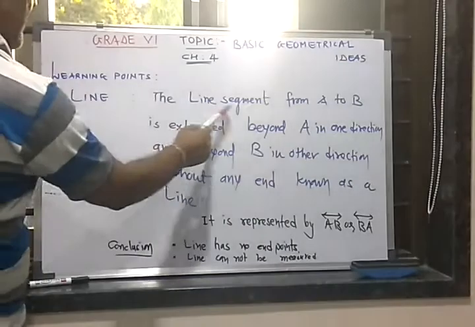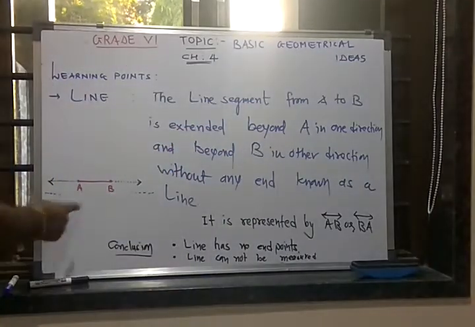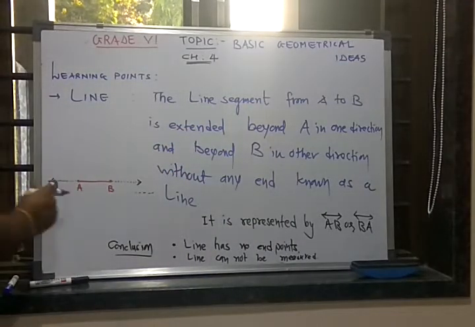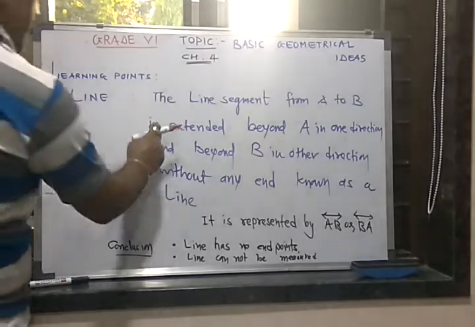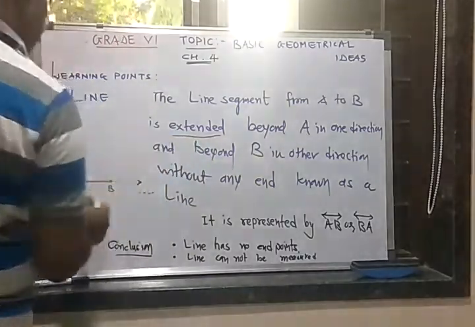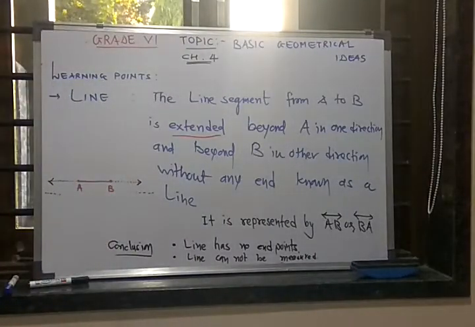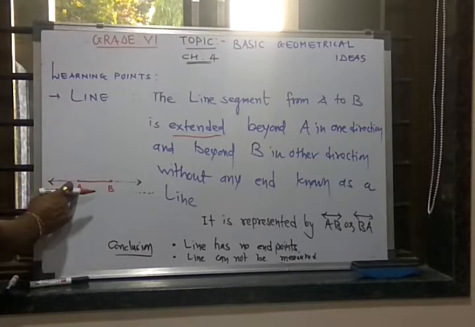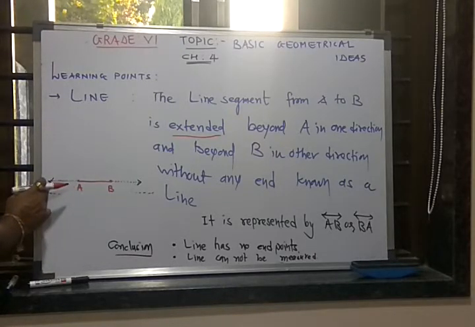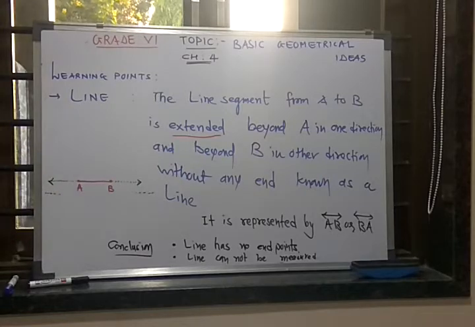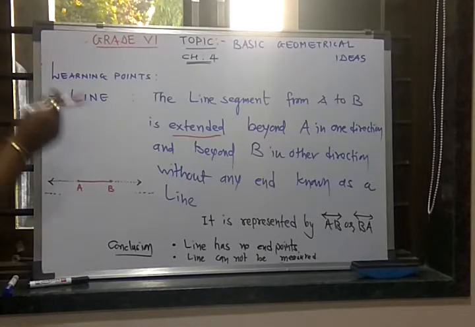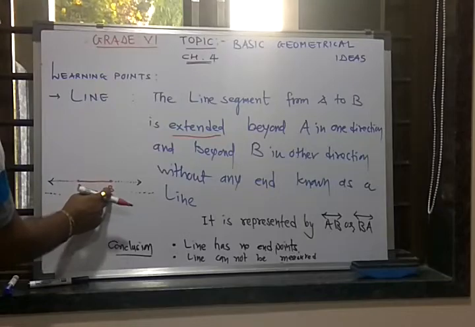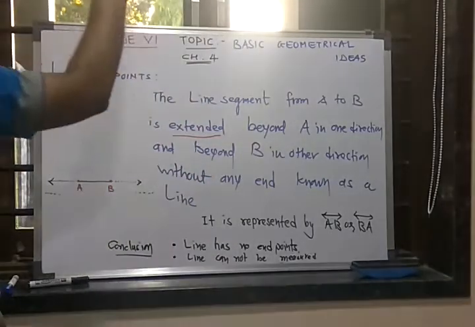The line segment from A to B is extended. Extended means to draw this side. To draw extended beyond point A in one direction and beyond point B in the other direction.